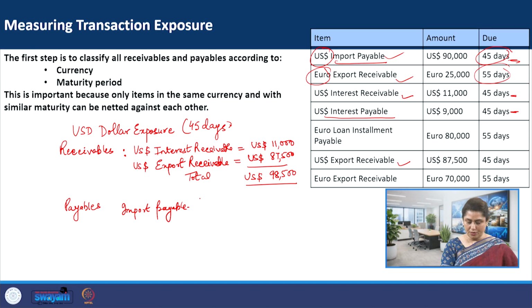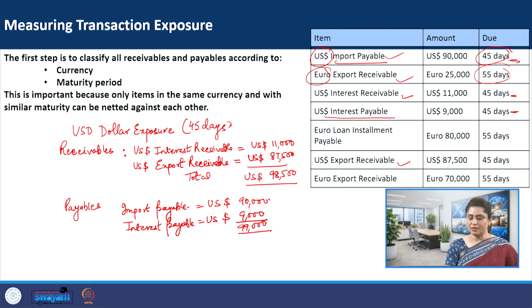Here import payable is US dollar 90,000 and interest payable is US dollar 9,000. So the total payable is 99,000, and the receivable total is 98,500.